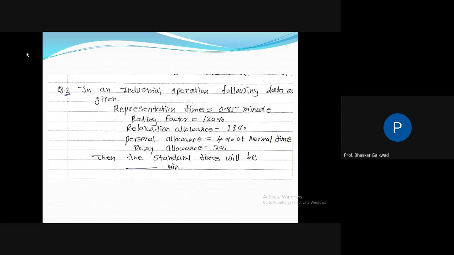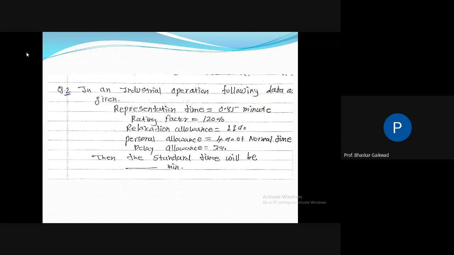First of all, whatever allowances are given, you have to add. Means 11, 4, 3%. This is the total allowance you have to consider. And this you have to add to the normal time. How to calculate normal time? Basic time into rating factor.